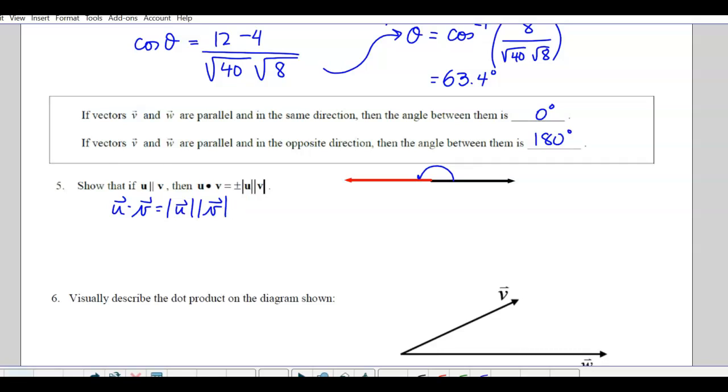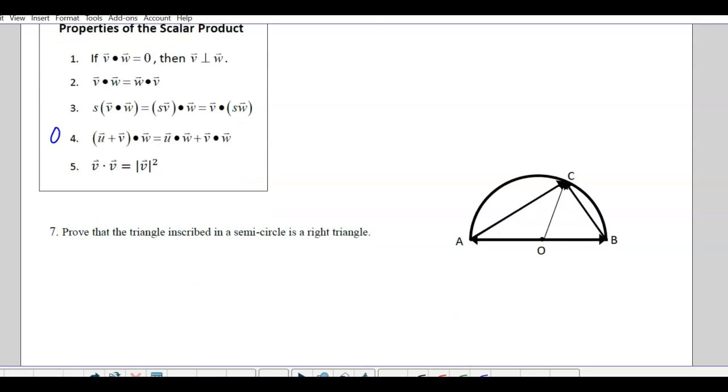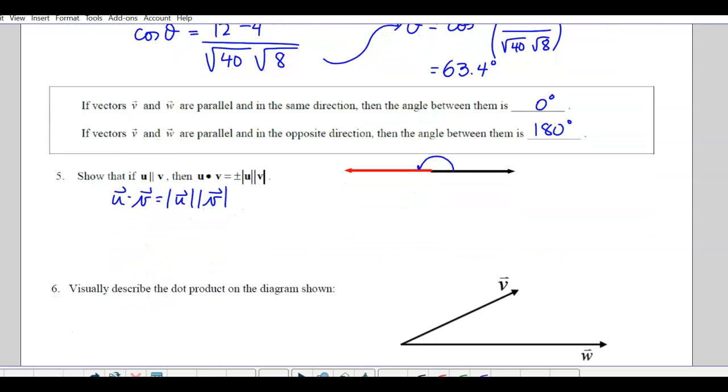The first case is when they're parallel, when theta equals 0 degrees.